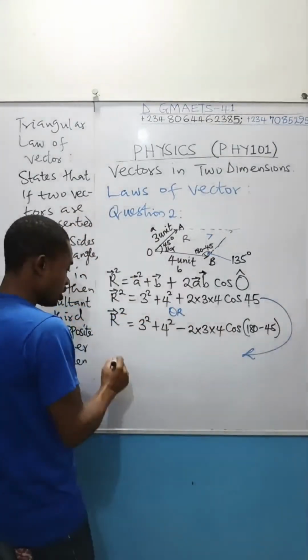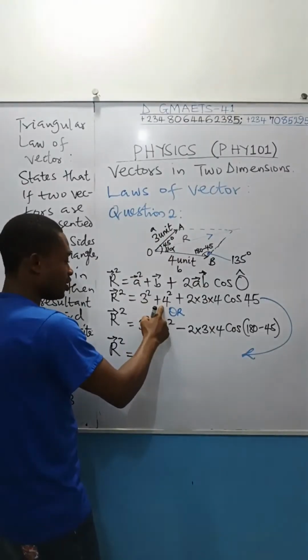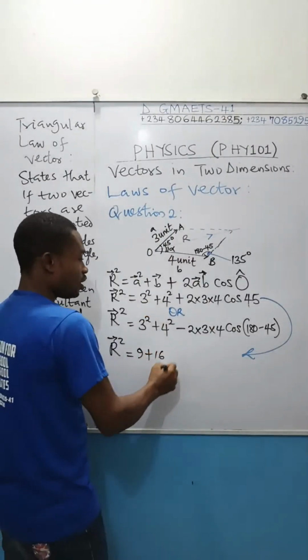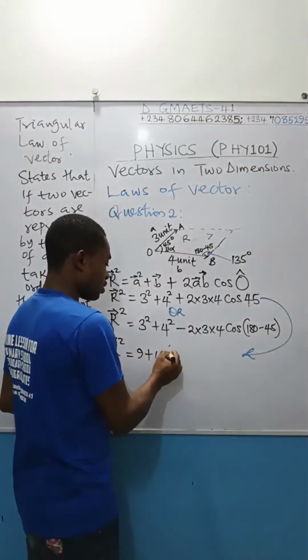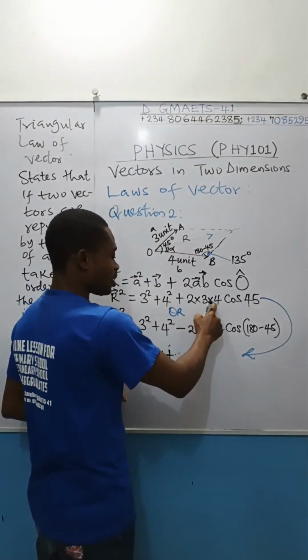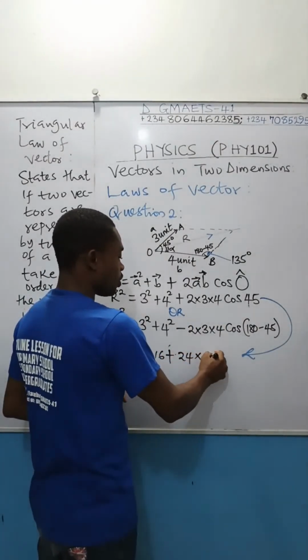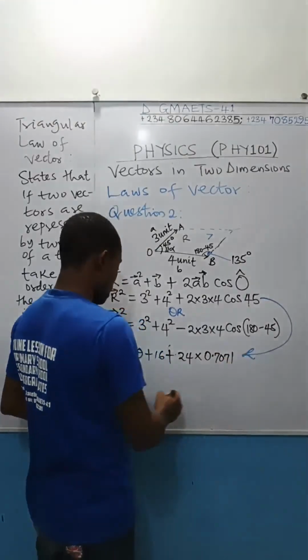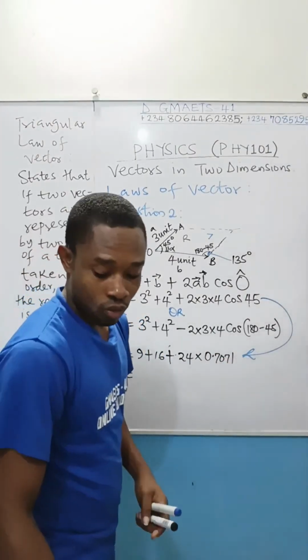Let's continue from this. R square will now be equal to 3 square, which gives you 9, plus 4 square, which is 16. And now we have plus, let's evaluate cos 45, which we've done. This times this is going to give us 24, then times 0.7071. I don't have enough time, so let us round it off.